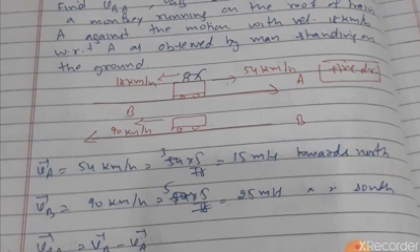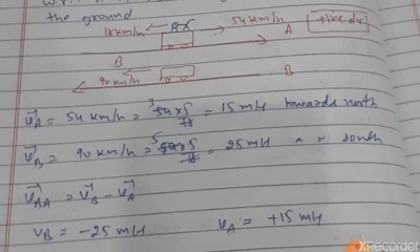So VA is 54 km per hour and its value comes out to be 15 meter per second, and VB is 90 km per hour, its value found to be 25 meter per second, and it is given VA is acting towards north and VB is acting towards the south. So we will apply the formula of relative velocity. Velocity of B with respect to A is VB minus VA. VB is given minus 25, since we are taking VA as plus 15. If VA is plus, then it is obvious that VB will be minus.